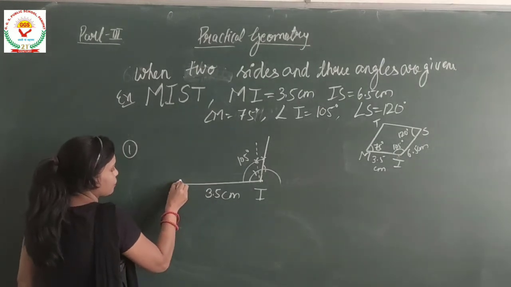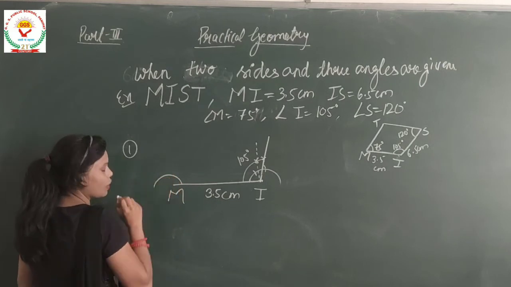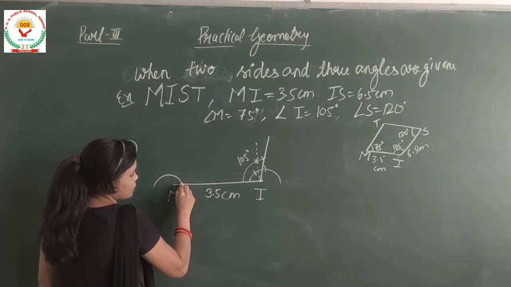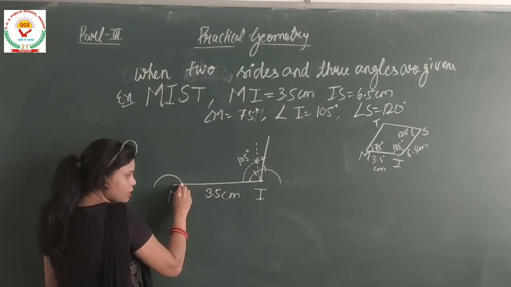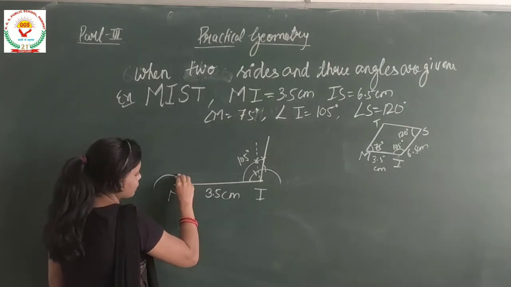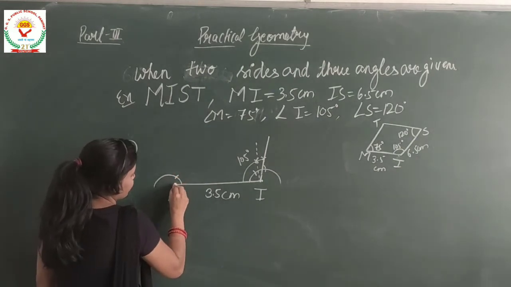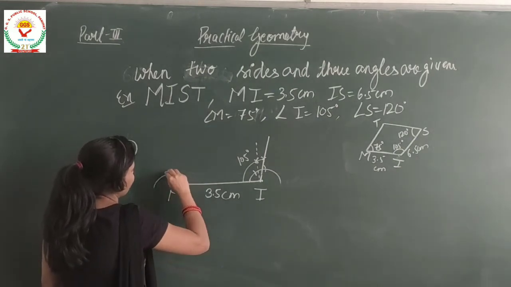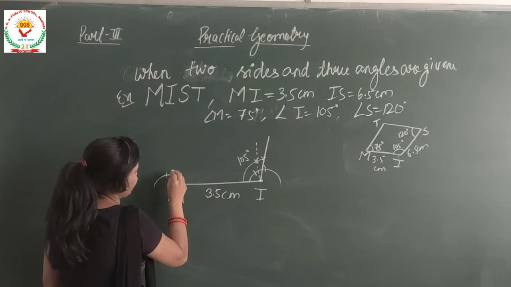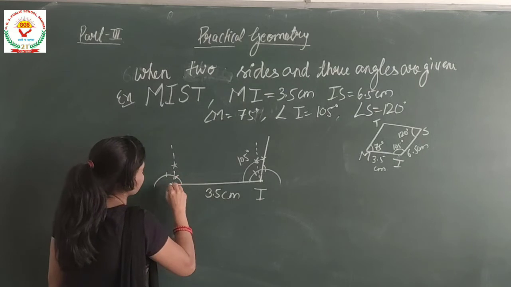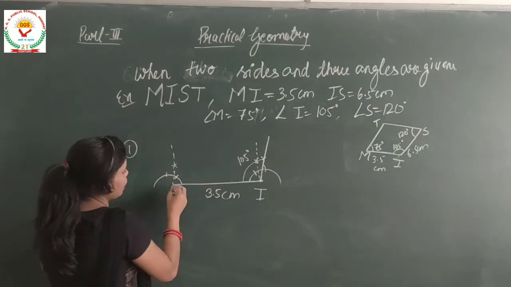Okay. Here we need to make an angle of 75. So again making an arc of 180 degrees. Starting at the starting point, we keep the needle of the compass and mark an arc that will be 60 degrees. Okay. And again for 120 degrees. Again for 90 degrees. So this will be your 90 degree angle.